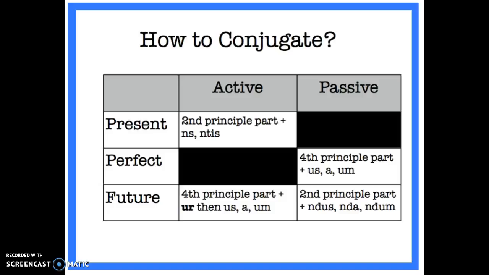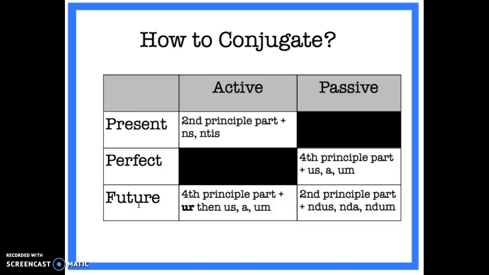This is where it gets a little bit more complicated. It's going to look similar to your conjugation chart, except instead of having, normally right here we would have present, imperfect, and future, and then we would have the three others: perfect, pluperfect, and future perfect.